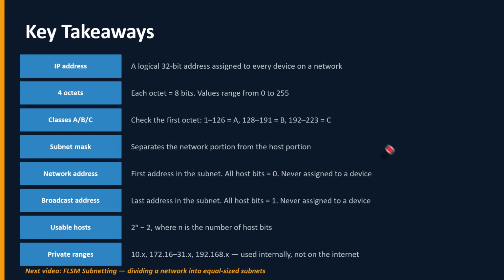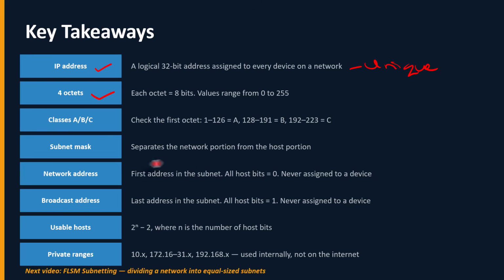So what we can take out of this is that we have looked at an IP address. We said an IP address is a logical 32-bit IPv4 address assigned to every device on the network, and you can always add the word unique, it must be unique. It has 4 octets ranging from 0 to 255, and it has different classes: class A, class B, and class C, each having a default subnet mask.